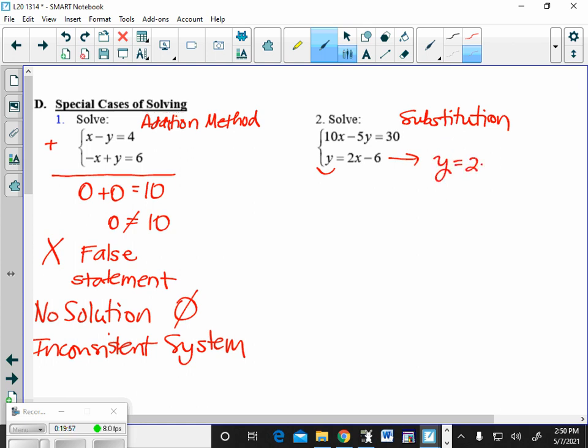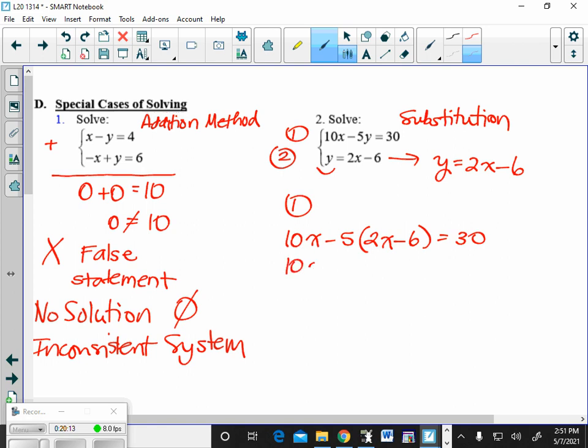So here y is 2x minus 6. So now I'm going to go into equation 1: 10x minus 5 times our y, which is 2x minus 6, equals 30. 10x minus 10x plus 30 equals 30.